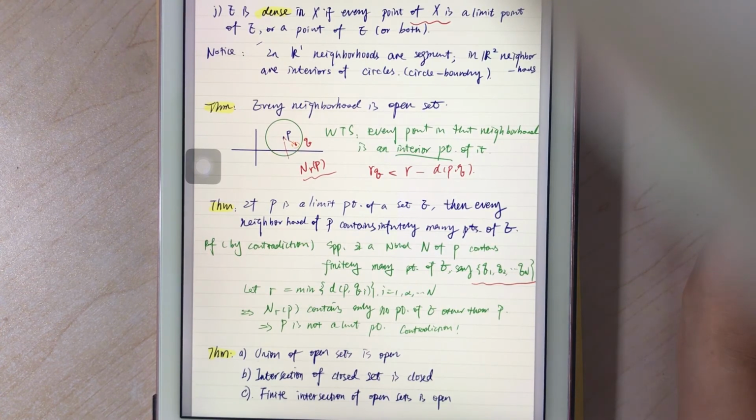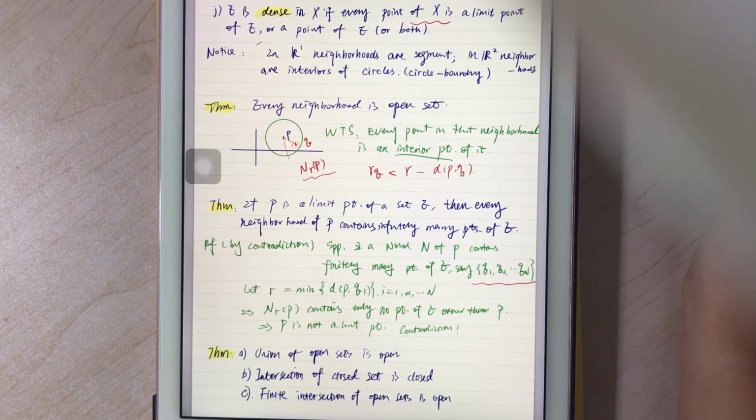By the definition of a limit point, we show that there exists some neighborhood such that we cannot find a point other than P itself, right? So how are we gonna find that neighborhood? We need to find a neighborhood that contains no elements other than the point itself.